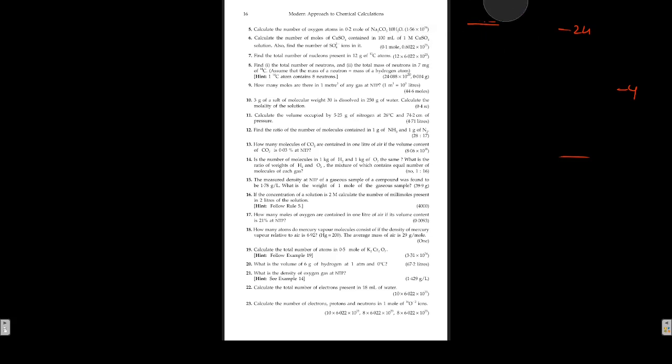Now the next question, that is the ninth: how many moles are there in 1 cubic meter of any gas at NTP? So 1 cubic meter is equal to 1000 liter at NTP. It is given to us.